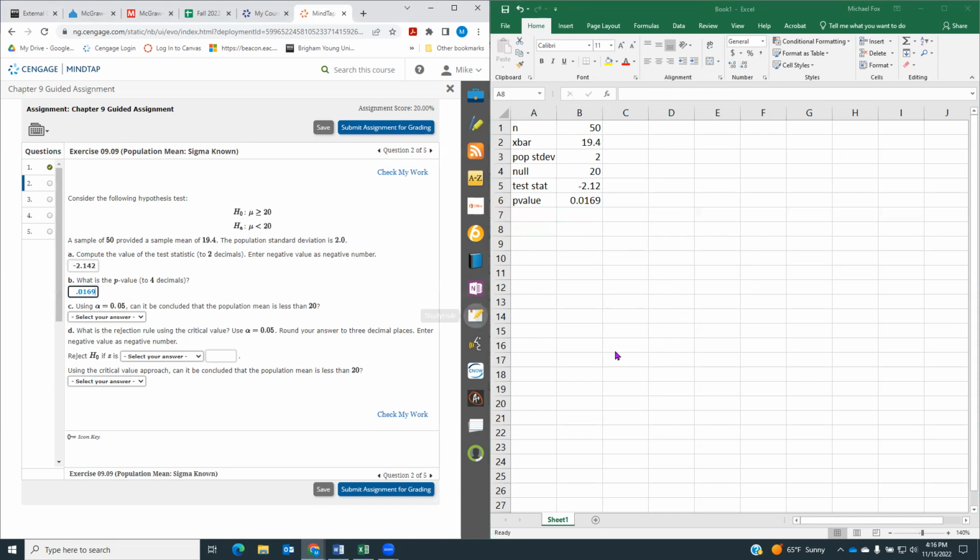All right, so using an alpha of 0.05, can it be concluded the population mean is less than 20? So what we're trying to figure out here is this test statistic that we calculated using the sample, is it enough less than the mean that we can conclude that the mean really has gone down?